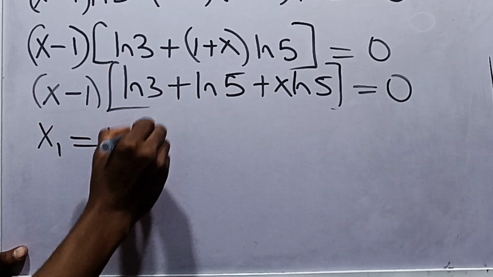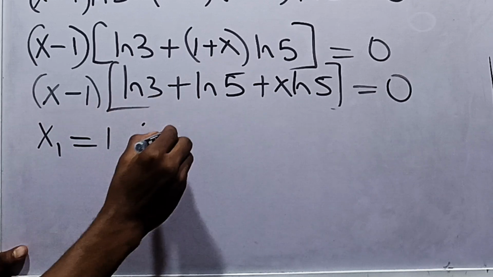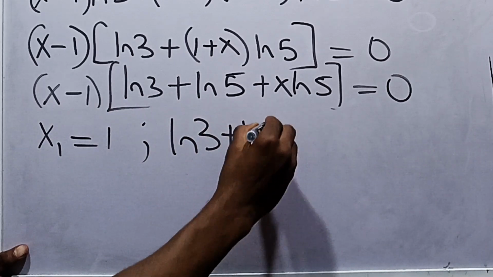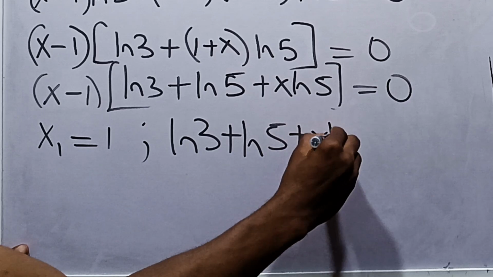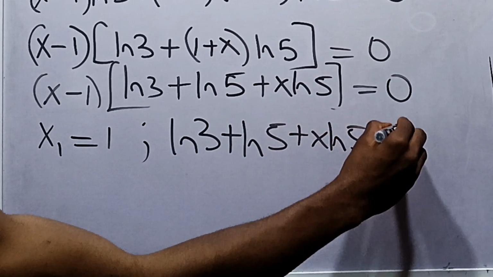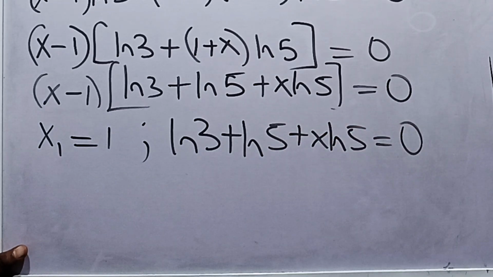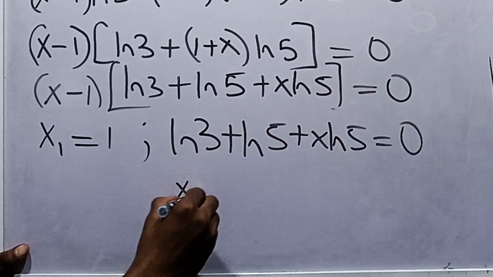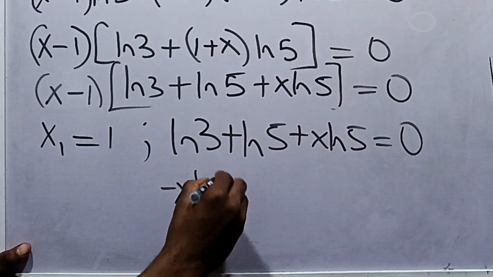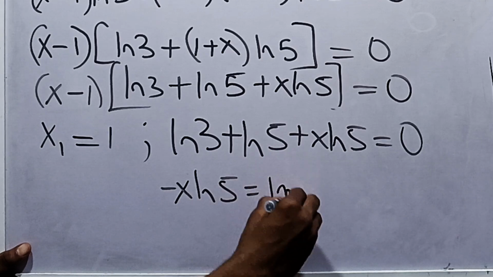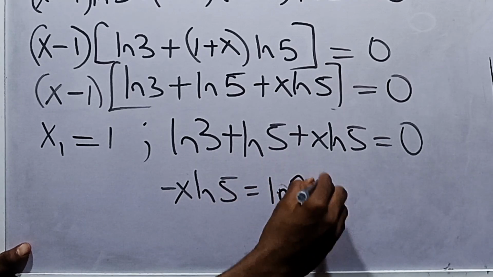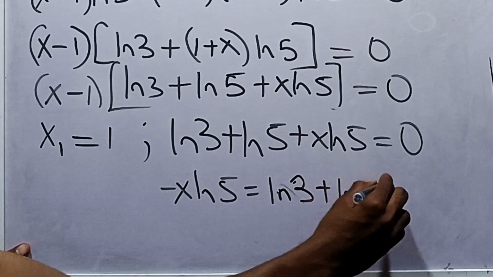Okay? Furthermore, if ln of 3 plus ln of 5 plus x ln of 5 is equal to 0, okay, we can now say that if you push x ln of 5 to one side, you have minus x ln of 5 equal to ln of 3 plus ln of 5.